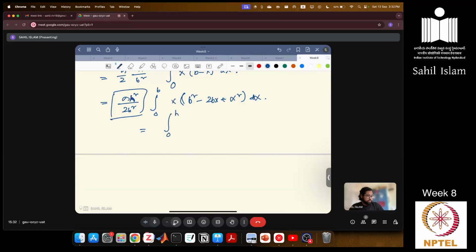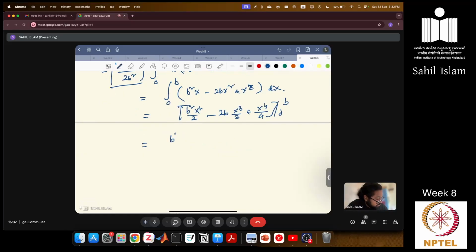So 0 to b of b square x minus 2bx square plus x cube dx, right? And we get b square x square by 2 minus 2b x cube by 3 plus x to the power 4 by 4, from 0 to b.